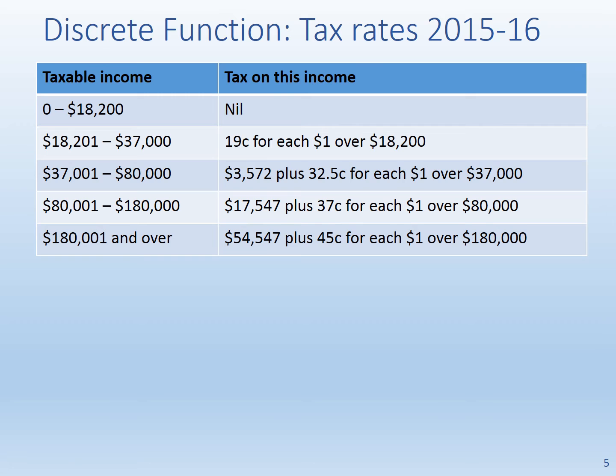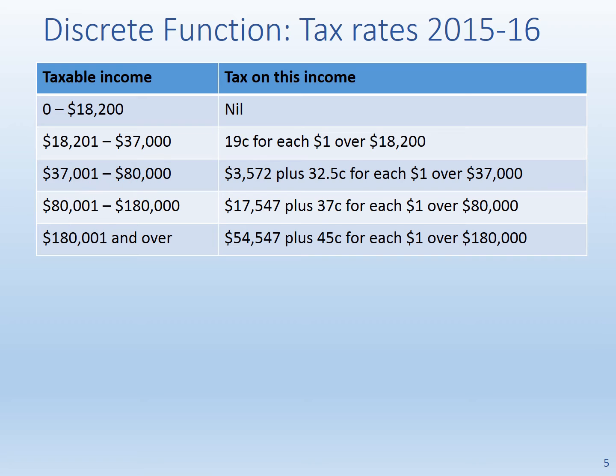The tax rates provide a good example of a discrete function. Between $0 and $18,200, you pay no tax. Once you get over that threshold, up to $37,000, you'll be paying 19 cents for each dollar that you earn over $18,200.